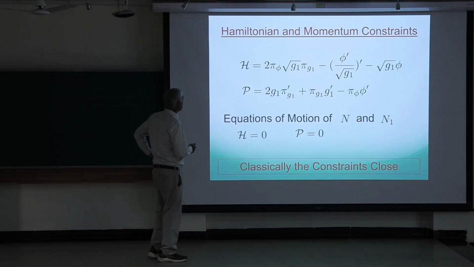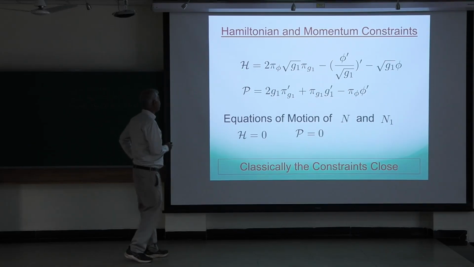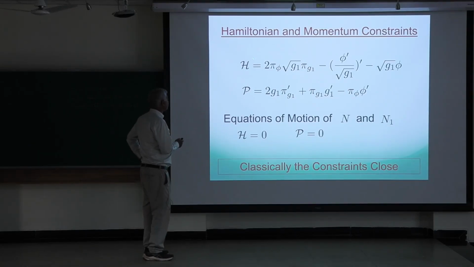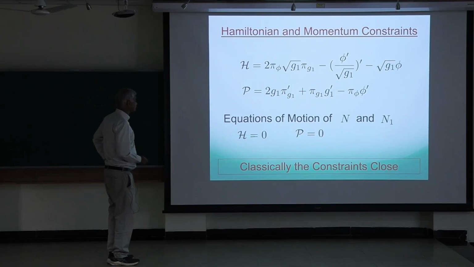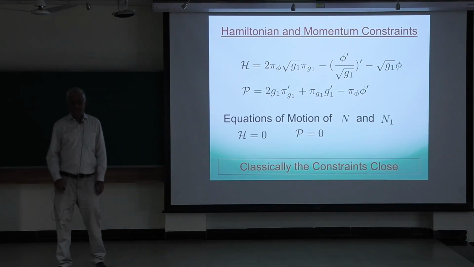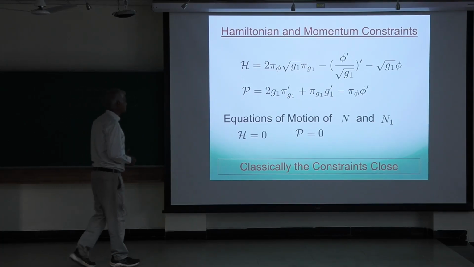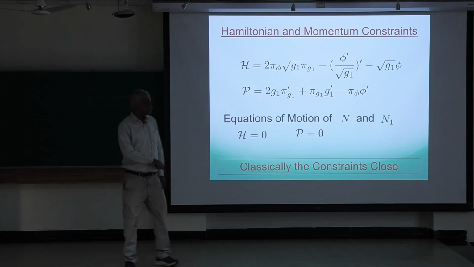And now we have the equations of motion, as you know, obtained by varying N and N1, which are the Hamiltonian and the momentum. There's only one momentum here, and the equations of motion set these equal to 0. You can check that classically the constraints close, and so it's a system you can hope to then quantize.